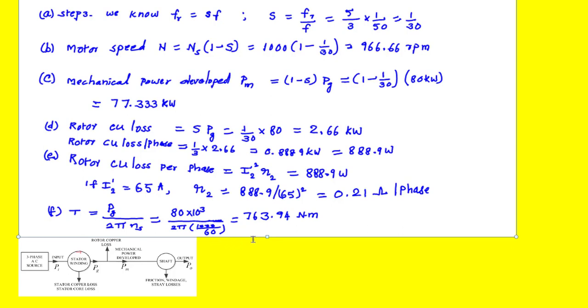What is Ns? Small Ns means the synchronous speed in revolutions per second. 1000 is given in revolutions per minute, so to get per second we divide by 60, that is 1000 by 60. Once we simplify that we get 763.94 Newton meters.